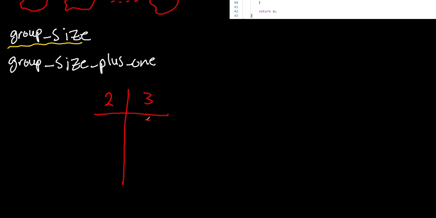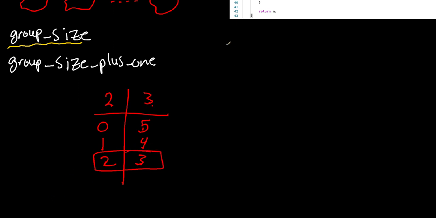So 5 0, 5 mod 3 is not 0, so we need to try 4 and 1. 4 mod 3 is not 0, then 3 2, 3 mod 3 is 0, 2 mod 2 is 0, so this is good.